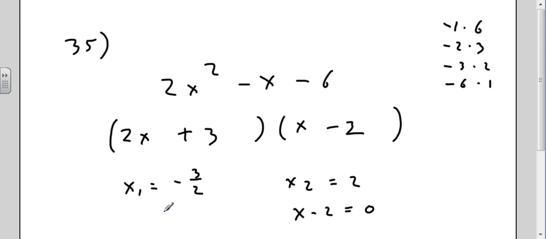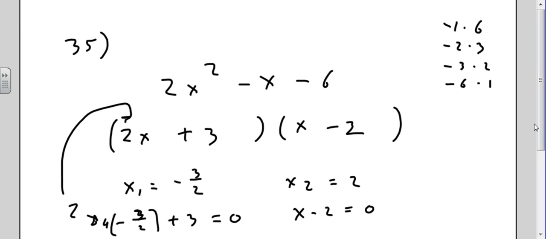And if x1 is -3 over 2, then -3 over 2 plus 3 times some coefficient that I don't know has to be 0, and that coefficient has to be a 2, and that's how I get that. Okay, so I could have used my calculator and worked backwards if I wanted to work backwards, but it is really too much work to work backwards, so I probably wouldn't do that.